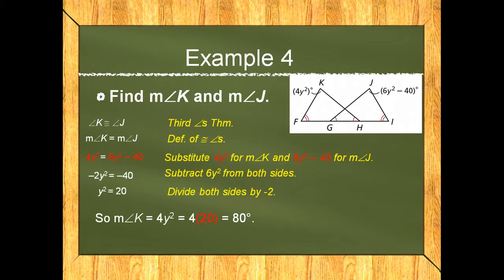In this case, you might be tempted to take the square root of both sides to solve for y, but since we're using y squared in our formula, you want to just leave it as it is. Since the measure of angle J equals the measure of angle K, then the measure of angle J is also 80 degrees.